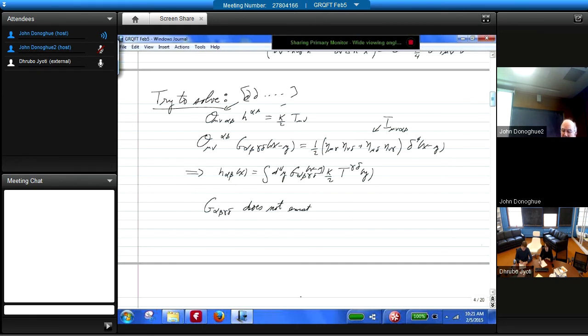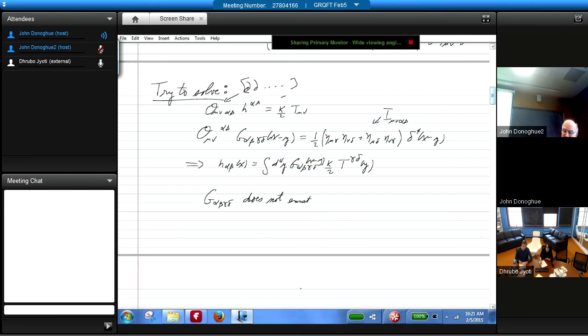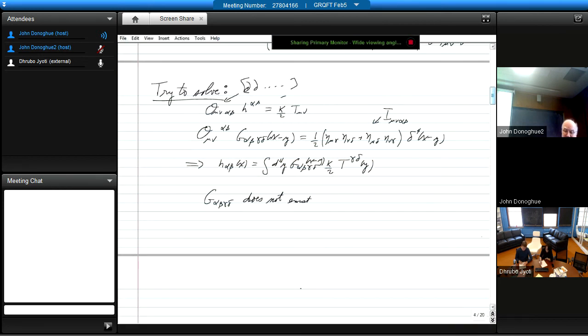Now, the way to show this, which of course I can always leave as an exercise for the student, that's great fun: you write out G as the Fourier transform, d for k, e to the i k dot x minus y, of all sorts of things that you could have.